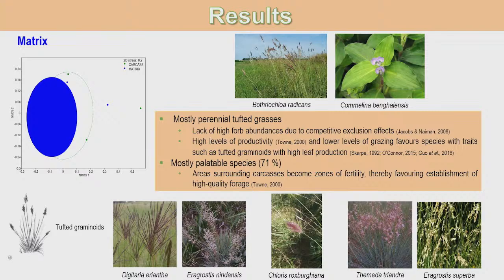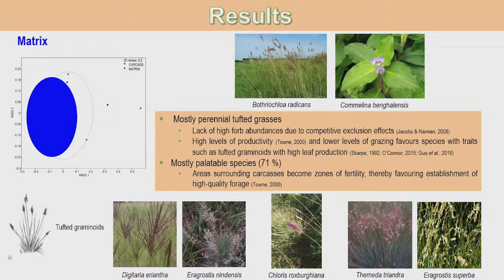When looking at the matrix sites, dominant species were mainly perennial tufted grasses, and maybe the lack of high forb abundances here could be due to competitive exclusion effects, where these tall, fast-growing tufted grasses outcompete forbs of a lower stature for resources such as water, light, and nutrients.